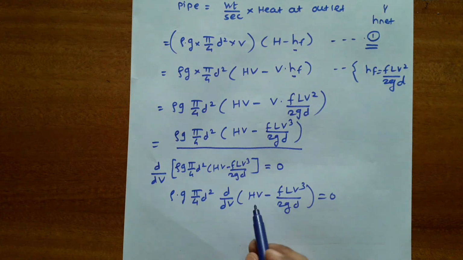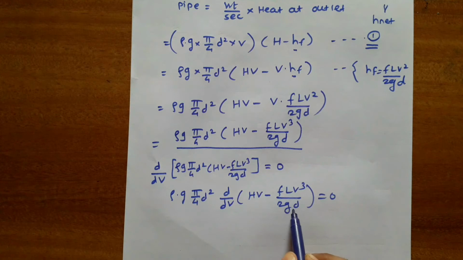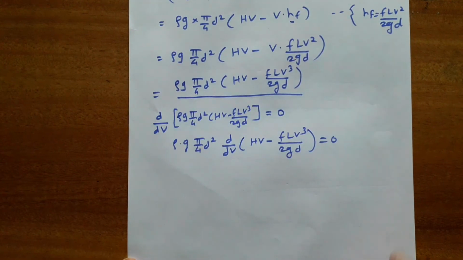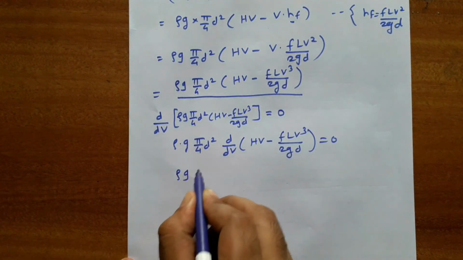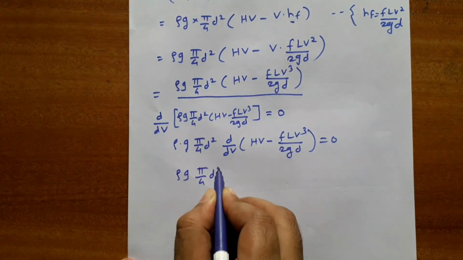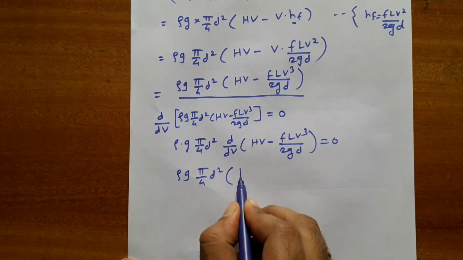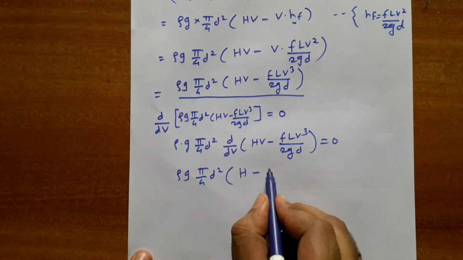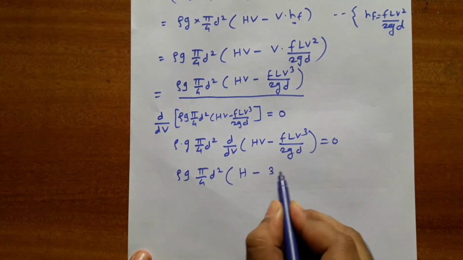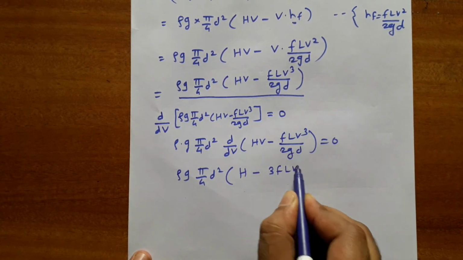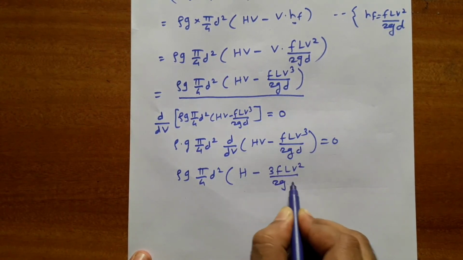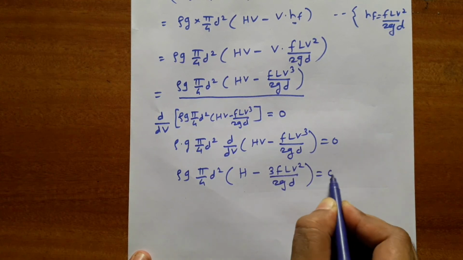In this bracket, H is constant and FL by 2GD is constant, so differentiate only V and V cube. After differentiating, we get rho G pi by 4 D square into the bracket H minus 3 FLV square by 2GD, equal to 0.